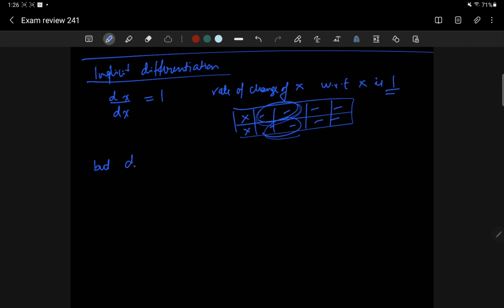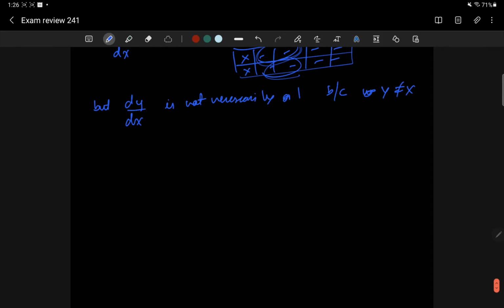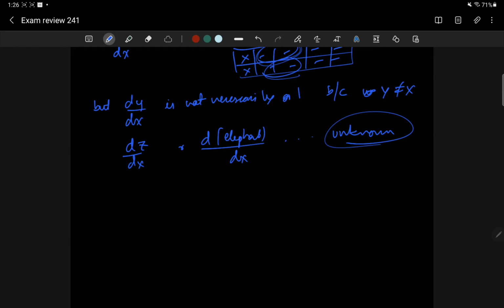But dy over dx is not necessarily 1, because y is not x. We don't know anything about y. Similarly, dz over dx or d elephant over dx, all of these things are unknown unless additional information is given to us.